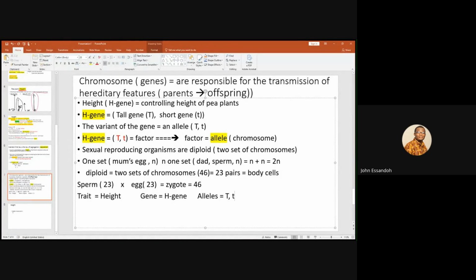Individual organisms are diploid, which means they have two sets of chromosomes.